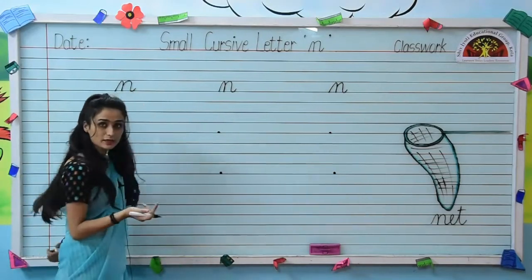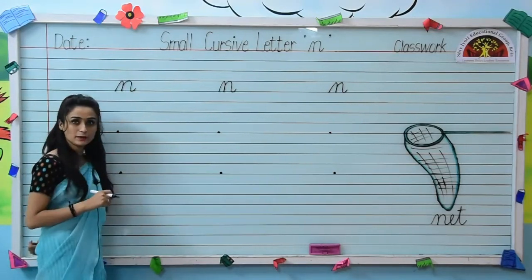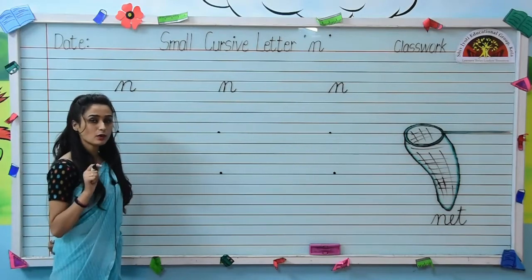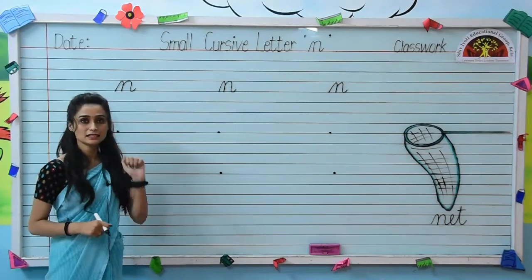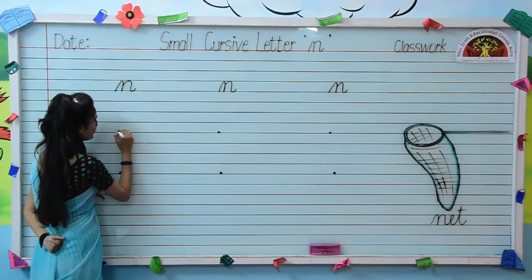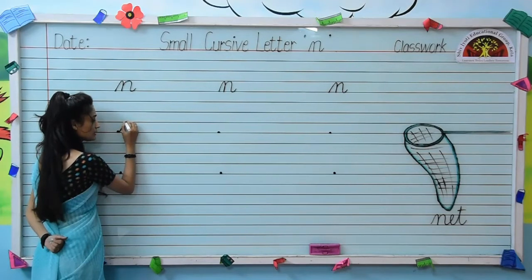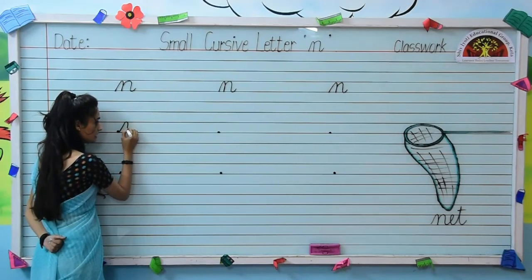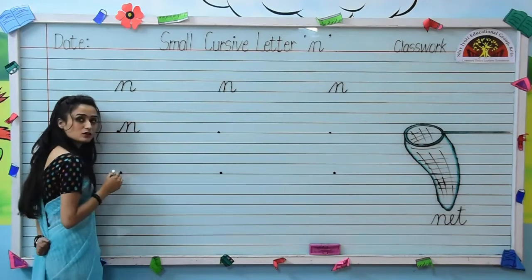Now come on the next page. On the next page, you have to write your small cursive letter N on single dot. So put your pencil on the third line, and make a slanting line up, touch the second line, make a curve, come down, touch the third line again, go up, make a curve touching the second line and come down, touch the third line and go out like this.